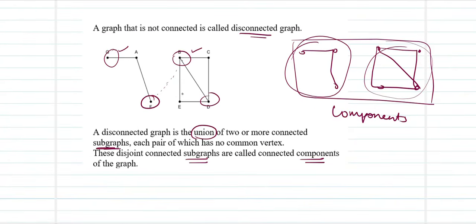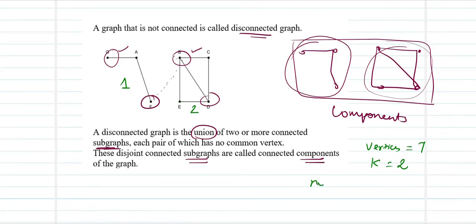So our disconnected graph has how many vertices? Vertices are going to be 1, 2, 3, 4, 5, 6, 7. 7 vertices are there. How many components are there? This is going to be component 1 and this is going to be component number 2.